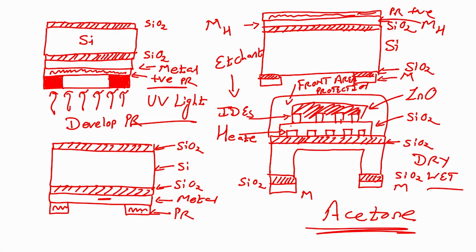Or if you use wet etching for silicon, this is we are etching silicon, right. Then what you will have? If I have wet etching, then I have a diaphragm, this is called a diaphragm, alright.